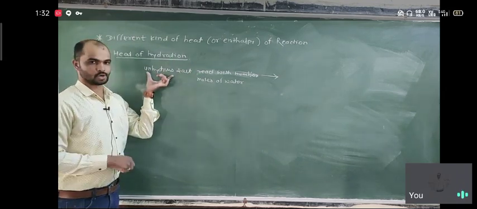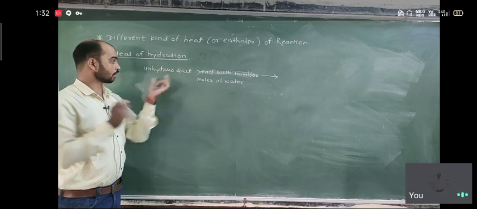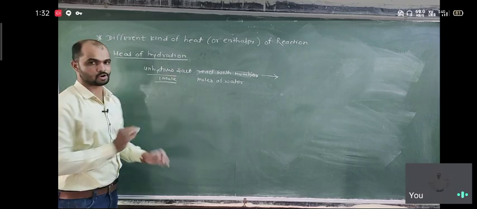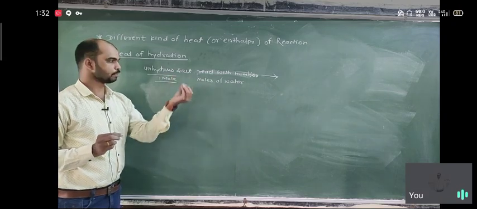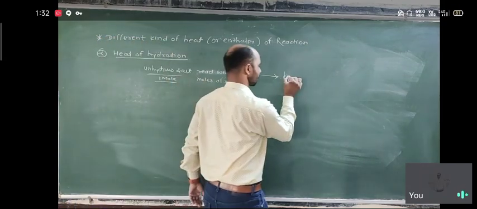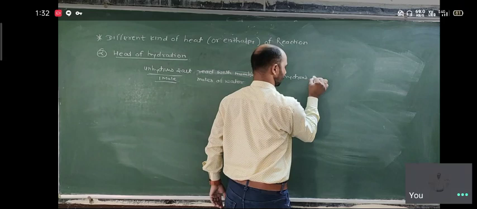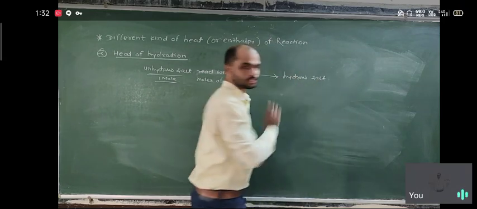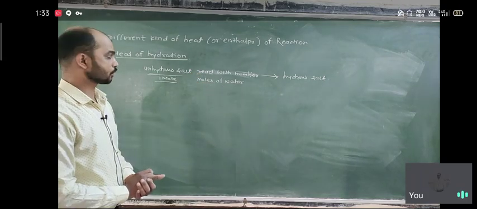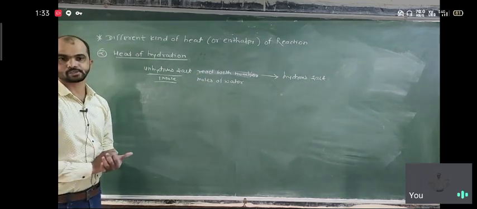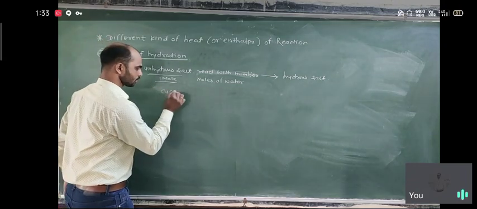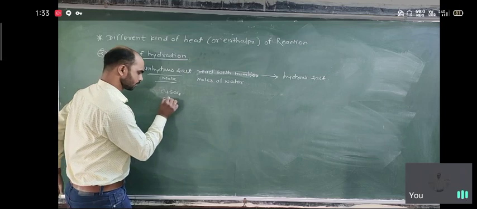When 1 mole of anhydrous salt reacts with a particular number of moles of water, the anhydrous salt converts into hydrous form. The energy evolved at that time is the heat of hydration. For example, consider copper sulfate, which is anhydrous.